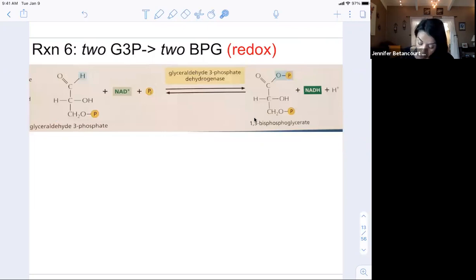Okay. So G3P gets converted to 1,3-bisphosphoglycerate. Mouthfuls. Okay, and so the enzyme that does this is called glyceraldehyde 3-phosphate dehydrogenase. And so the dehydrogenase part tells you what the enzyme does.